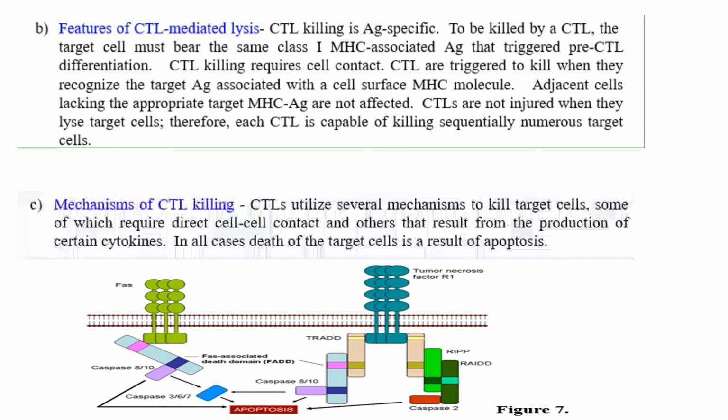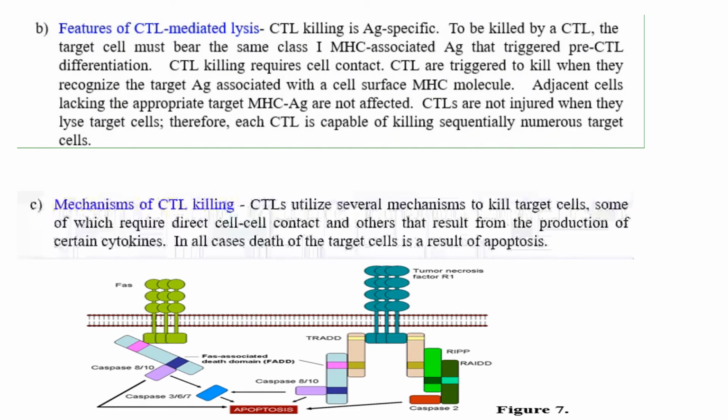Cytotoxic lymphocyte killing requires direct cell-to-cell contact, and this we call the kiss of death. The cytotoxic T lymphocytes are triggered to kill when they recognize the target antigen associated with the cell surface MHC molecule, usually type 1.